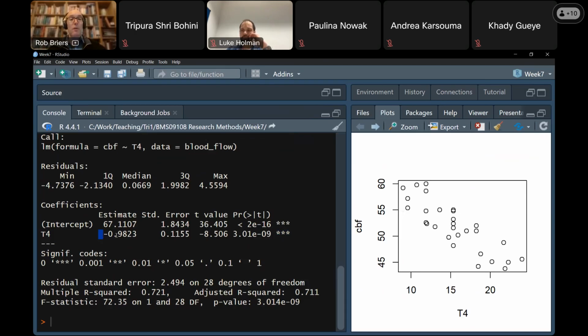The estimate here tells you, firstly, whether this is positive or negative, which tells you the direction of that relationship. Now we already know from just looking at the plot, it looks like a negative relationship, but that also confirms that. So you've got a negative value there. And that tells you basically that there is a strong negative relationship between T4 and cerebral blood flow.